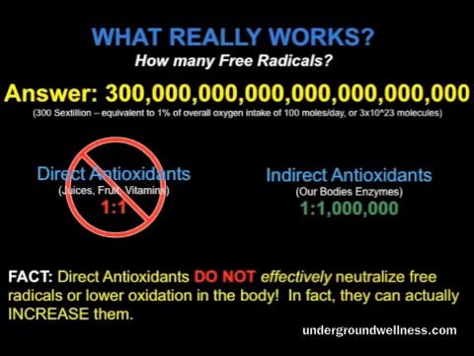So now, let's evaluate those approaches. The direct antioxidant approach is a 1-to-1 ratio. The indirect is a 1-to-1 million ratio. Let me go back. Again, the green doesn't show up. So when something is working on a 1-to-1 ratio, the direct antioxidants, let's talk about that. This is analogous to, say, a forest fire. That 300 sextillion free radicals is like a raging forest fire.